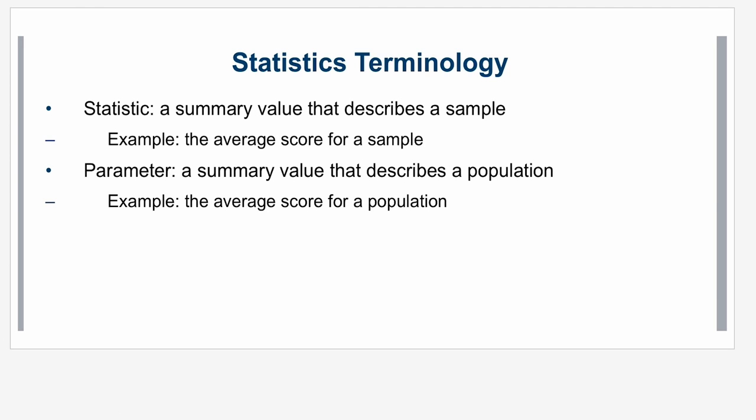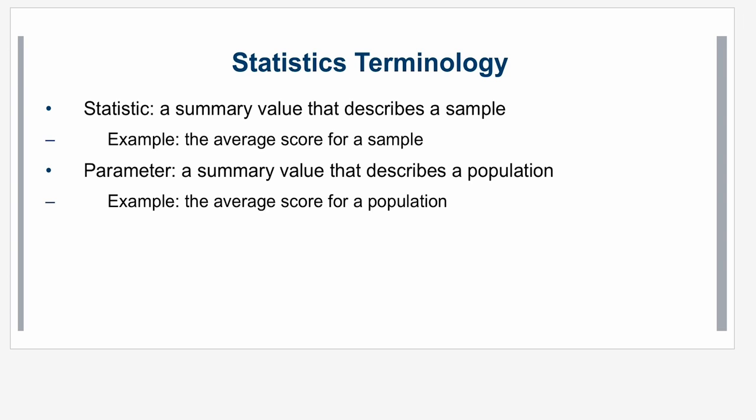So your book used the example of a researcher being interested in, now I can't remember if it was study habits or what it was, but they were interested in a certain variable about the students in a school, and so they selected a sample of 20 students from that school and got their average score. And so that was a statistic, right? Because it was from a small sample of 20 students from the school.